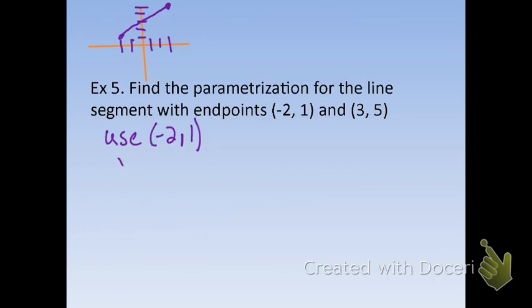So what we're going to use is x equals, and our x value is -2, and then the change in the x value is going to be a, times some effect of t. And then we have y equals, and the value there was 1, plus, the same idea, some number b, the effect of the change of t. Now we're going to solve using our other point.